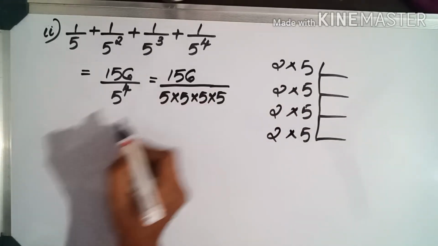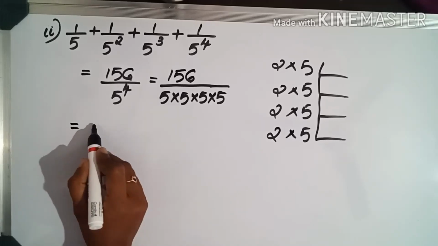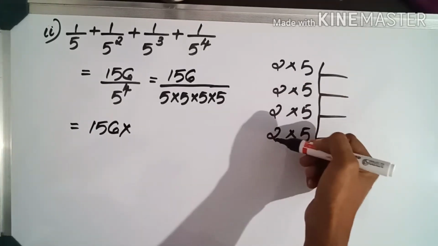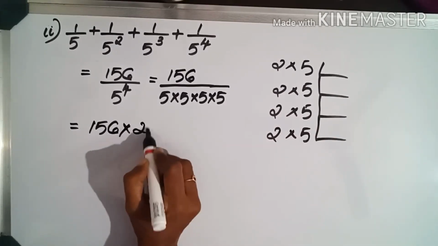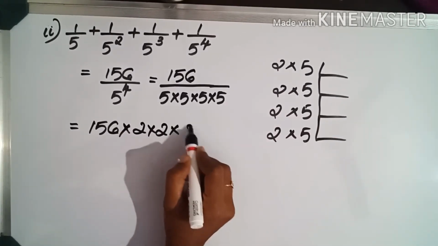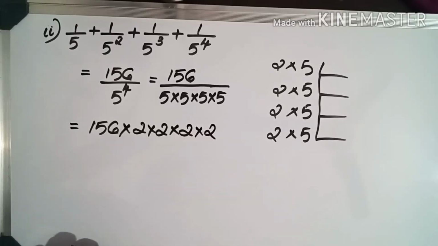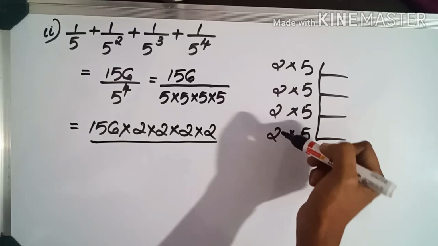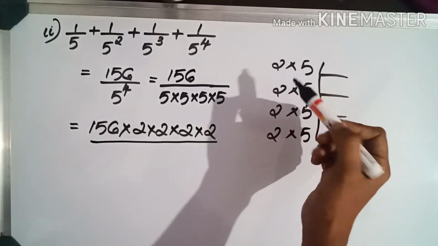The same goes for the numerator. For the numerator it will be 156 into 4 2's, so 2 into 2 into 2 into 2. No need to multiply the denominator out, you just write the number.